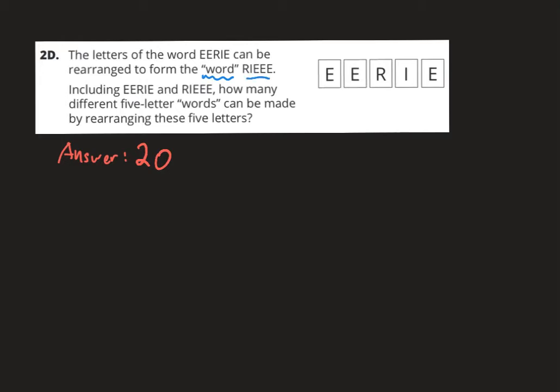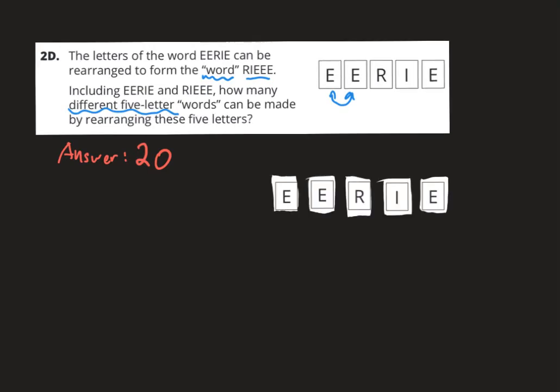I know why they did it, because they wanted you to realize that to make different 5-letter words, swapping that E and that E is a valid option, but it doesn't actually change the word. It's still the word eerie. So I know why they wrote it this way, but I found that a little lame, I suppose. These aren't real words, and I think this could have been a more interesting problem. Anyways, let's get to it.